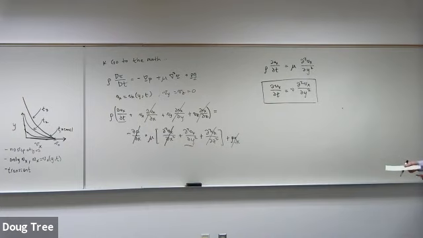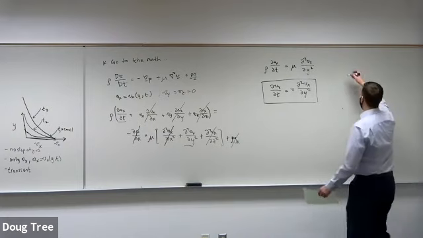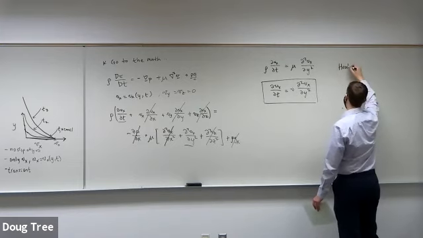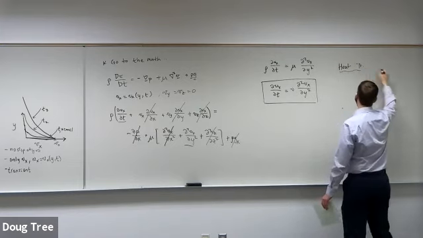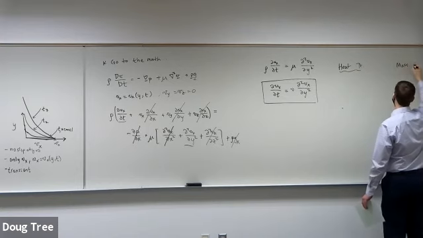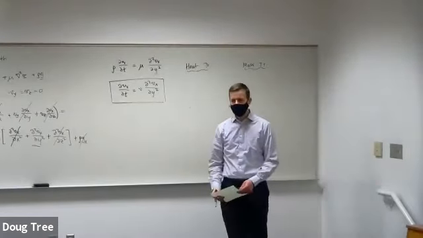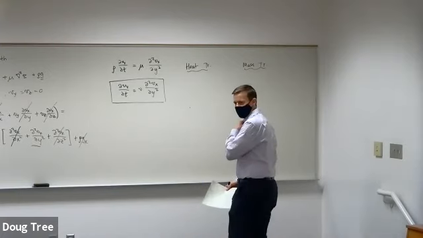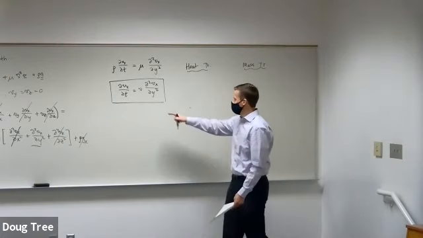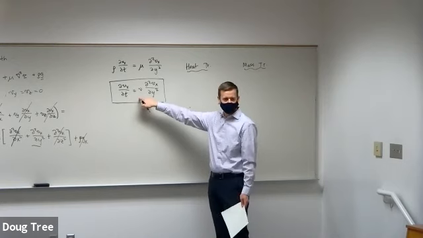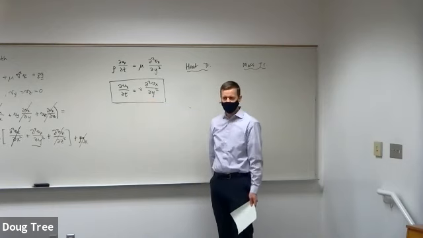What would it look like for heat transfer? What would it look like for mass transfer? Okay, I want you to take just a minute, pick either heat transfer or mass transfer, and write the equivalent of this equation.